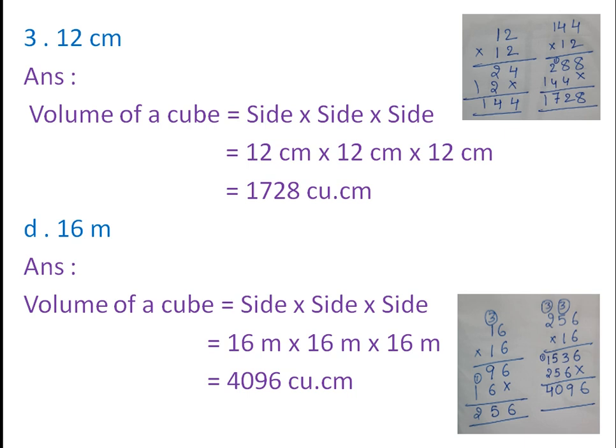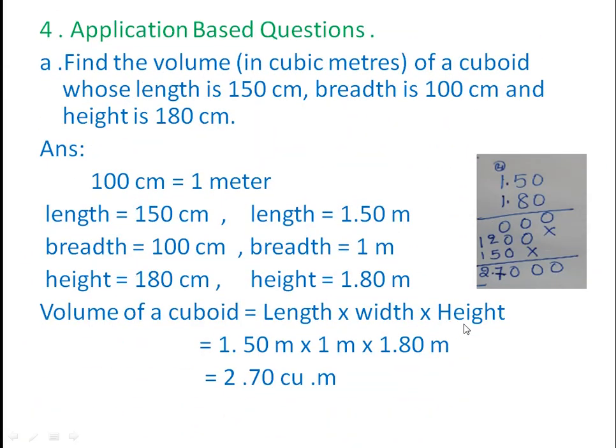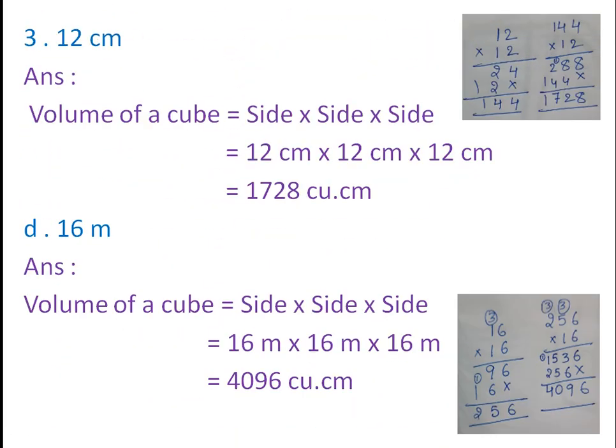Okay, like this we should calculate the problems on volume of the cube. Next, D, 16 meters. See here. Write down the statements and write down the formula for the volume of the cube.